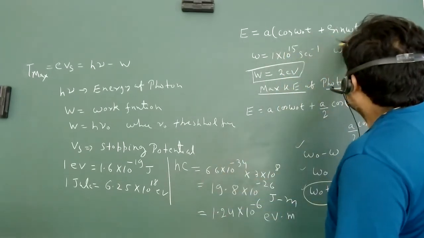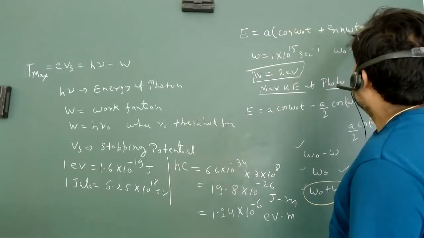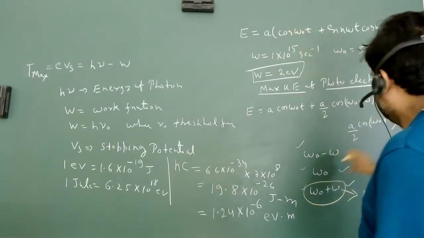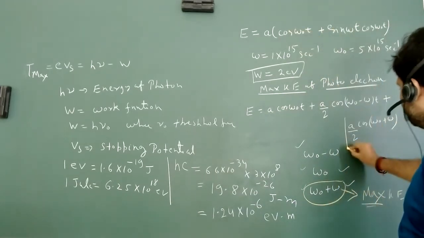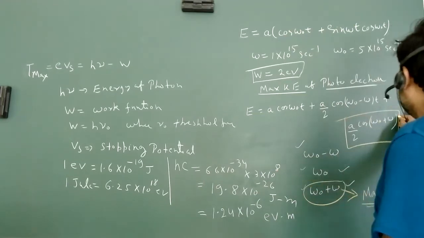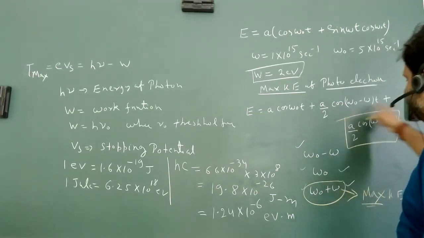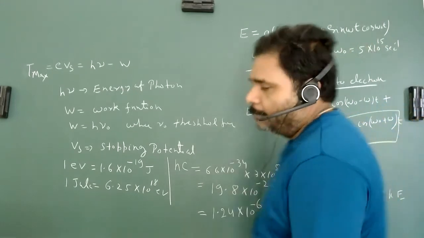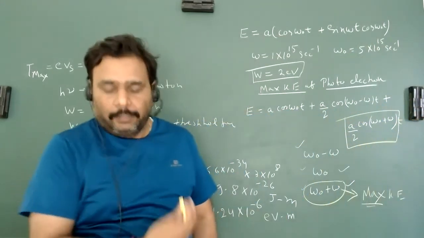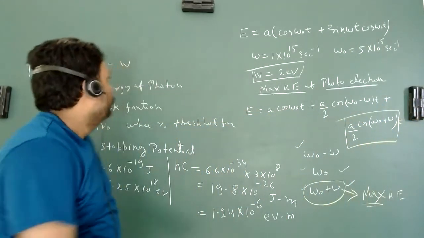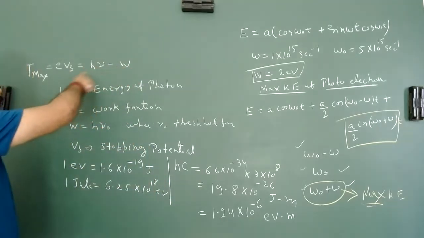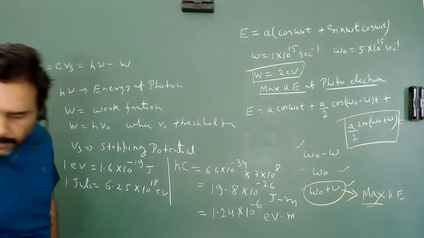Superficially it looks like the superposition of two waves, but no, this is the superposition of three waves. And this particular wave will produce the maximum kinetic energy. Now we can calculate the maximum kinetic energy using this formula. So let's calculate it.